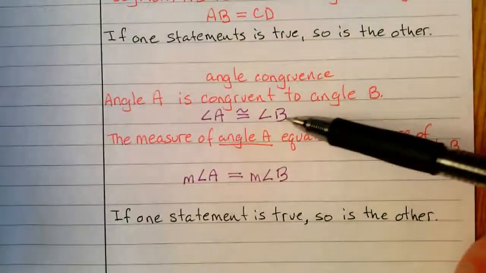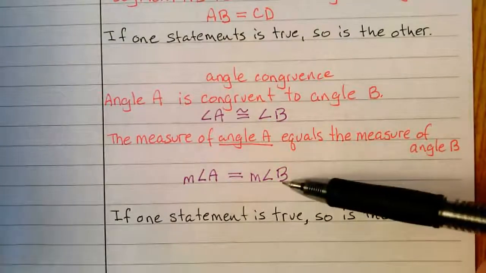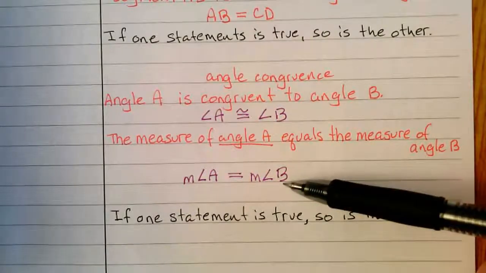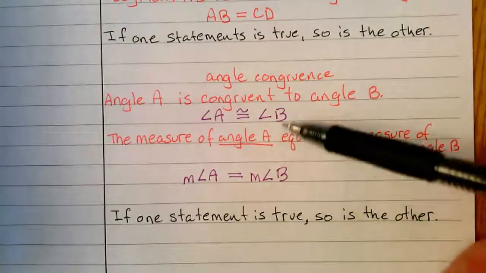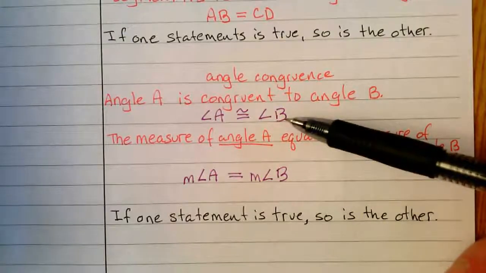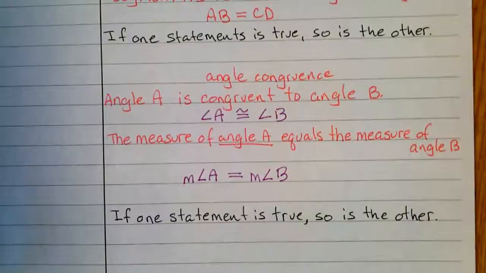So if I told you that these two angles A and B were congruent, you could conclude that their measures, their sizes, were the same. And if I told you that these two angles had the same size or the same measure, then you could conclude that they were congruent. So in a sense, yes, they kind of mean the same thing.